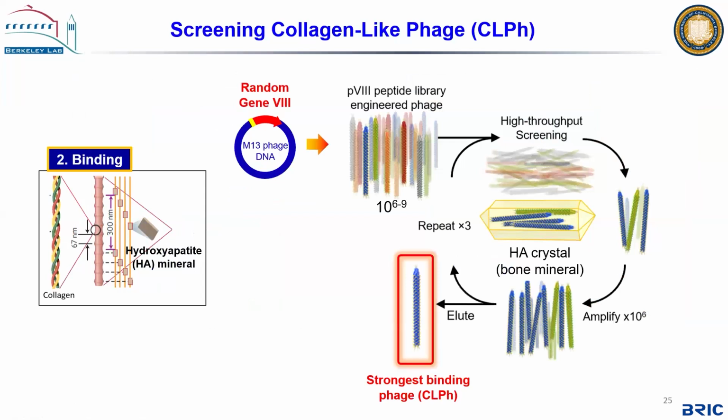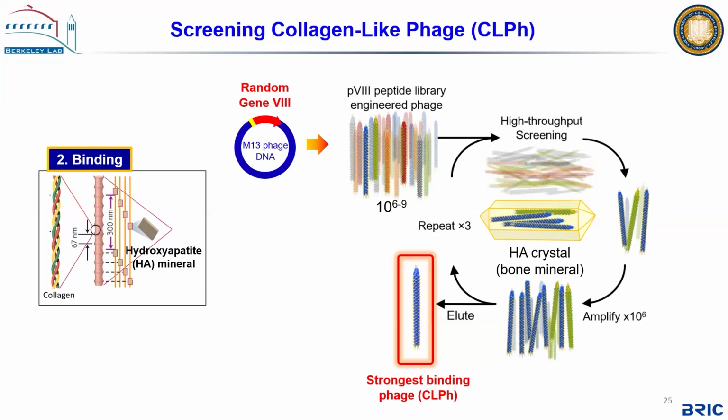So here's the process of the phage display. Like I mentioned, collagen binds to hydroxyapatite, the bone mineral, first, and then makes a structure. So we first identified the best binding virus to the hydroxyapatite minerals through this phage display.